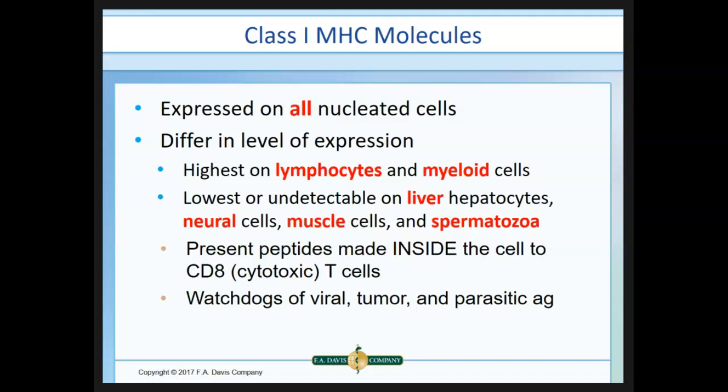These present peptides made inside the cell to the CD8 T cells. So you do need to associate CD8 cytotoxic T cells having a relationship with class 1 MHC molecules. MHC class 1 molecules are the watchdogs of viral, tumor, and parasitic antigens.